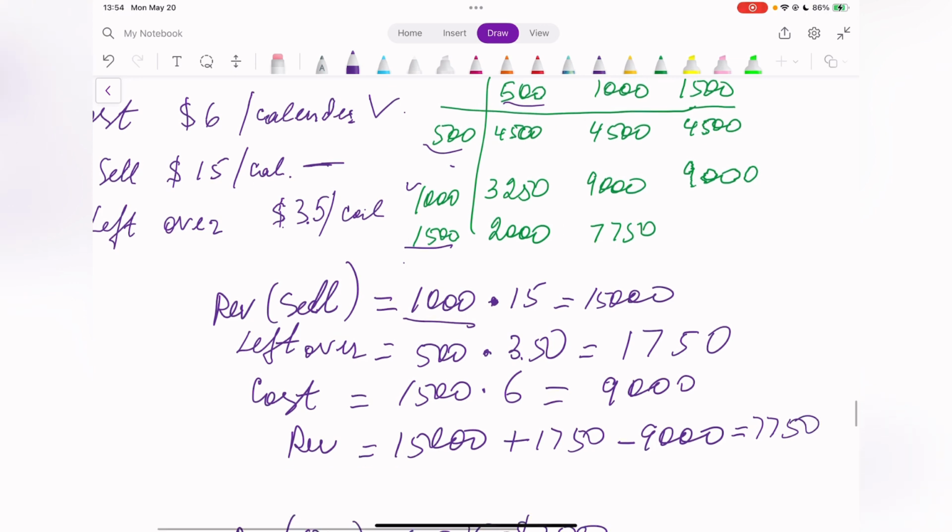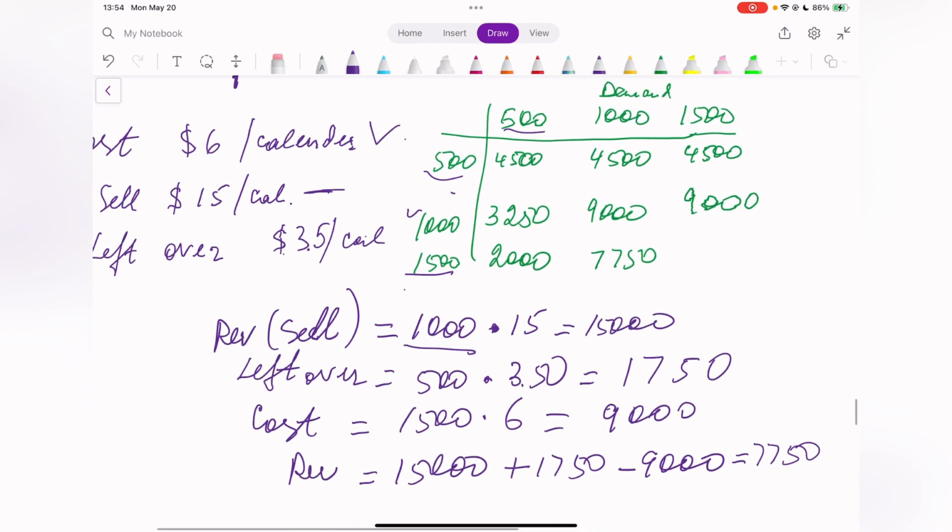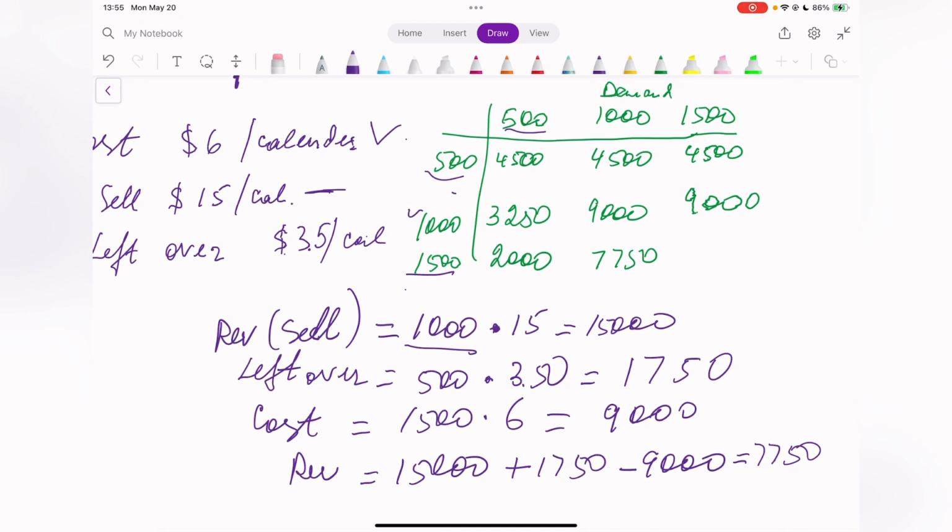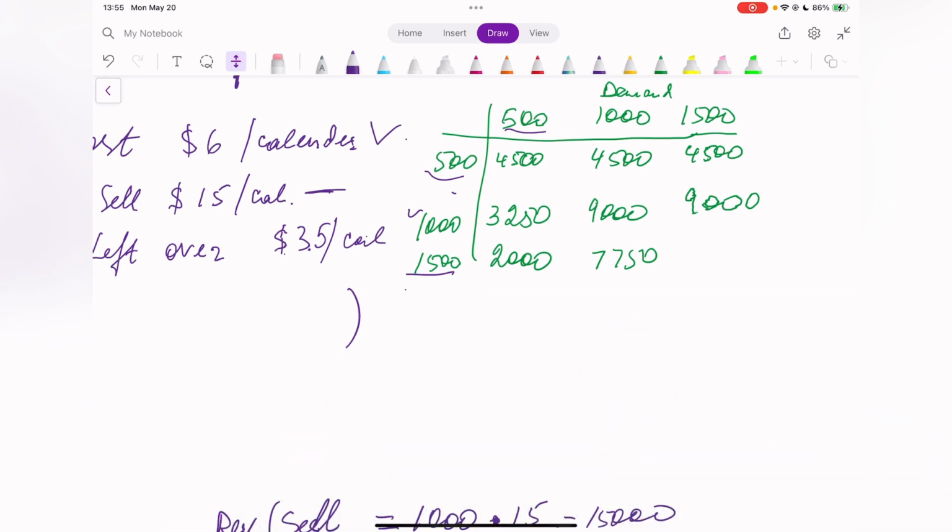And lastly, 1,500 demand, 1,500 request. Let's do that also. So revenue 1,500 times 15, 15 squared is 225, so 22,500.